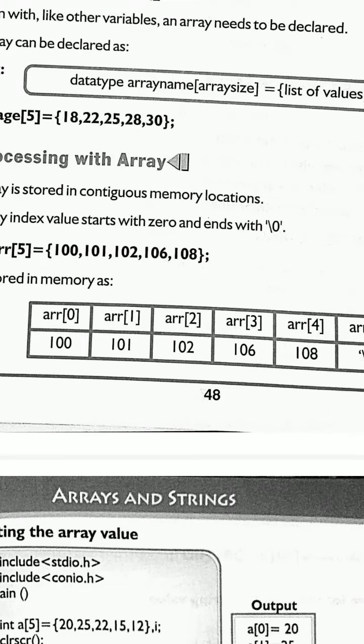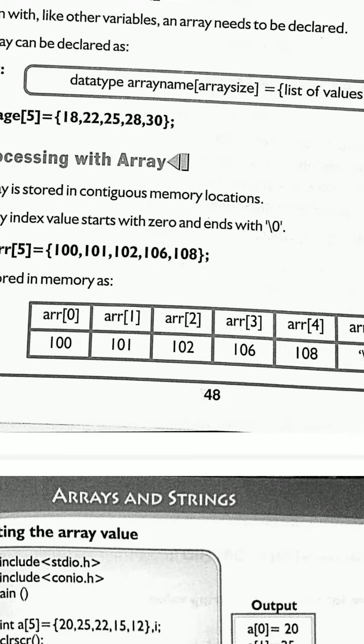The values are stored from 0 to 4, and the fifth position holds a null value. When the system reads this null value, it identifies that the array elements are over. Mostly this null value will be available at the end of the array.